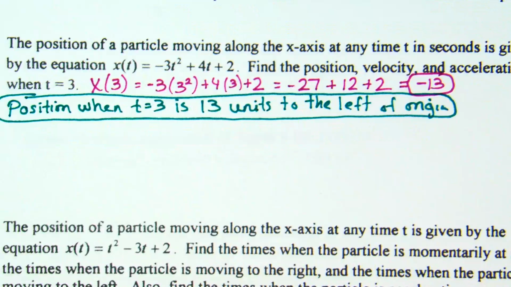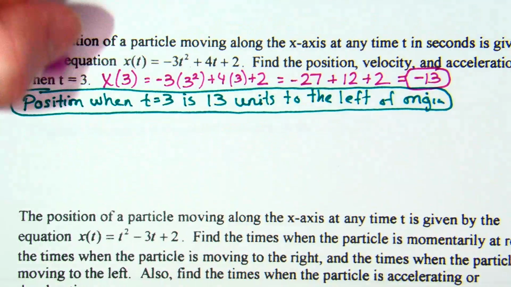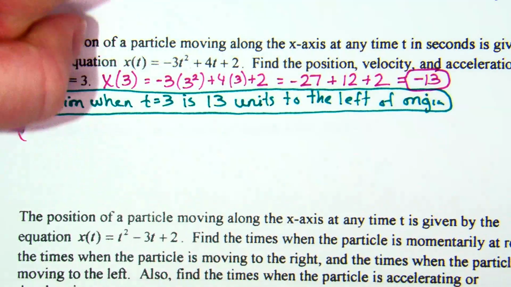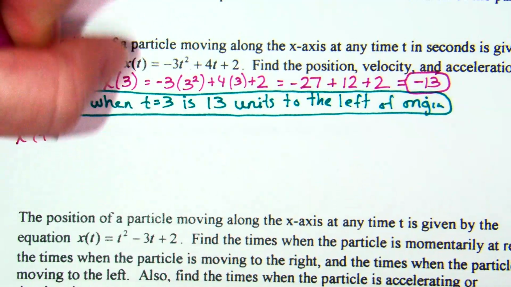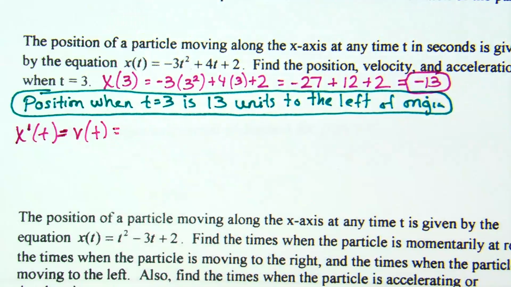Okay, ready when you are. Velocity means I'm going to be doing x prime of t. You have an option: you can either call it x prime of t or you could call it v of t. What is my derivative?